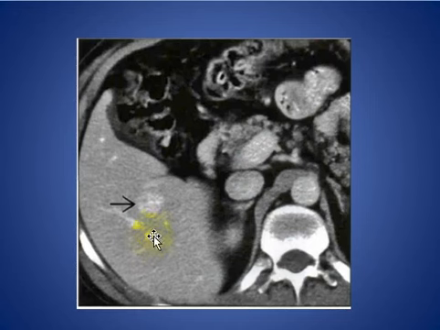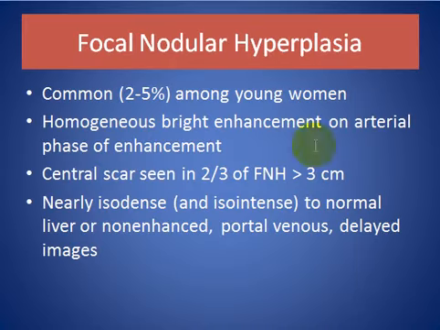We see here a small hemangioma, cavernous hemangioma or flash hemangioma, with complete filling of the hemangioma in the arterial phase. Focal nodular hyperplasia, seen in about 2 to 5% among young women. Homogeneous bright enhancement on the arterial phase.